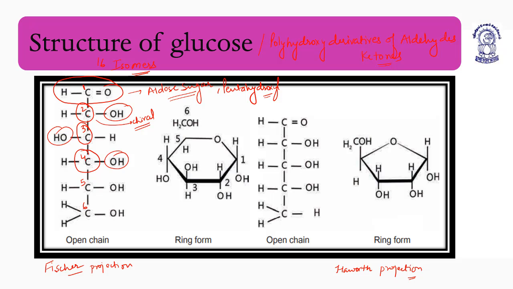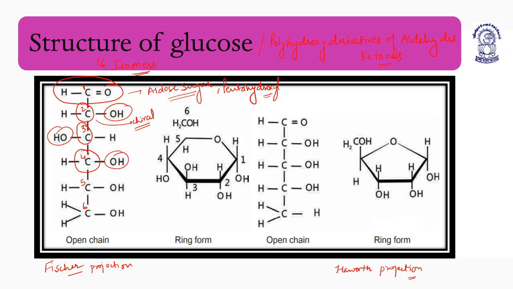So when this second carbon, third carbon, and the fourth carbon, the position of OH group and the H group is interchanged, then it gives what? The different types of relative configurations.